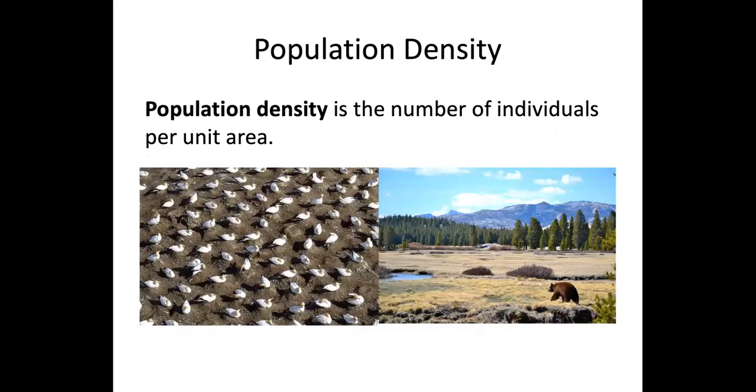When we're talking about population density, we're talking about the number of individuals per unit area. So what do you see up on the board in the two pictures? Okay, so you see a whole lot here, and then you see them spaced out over there, but really there's only what?